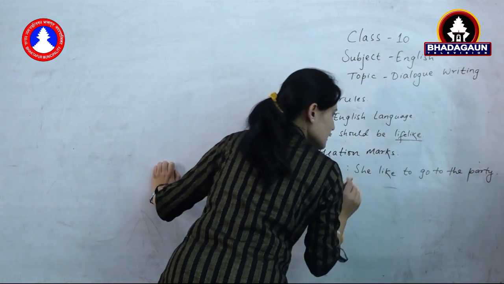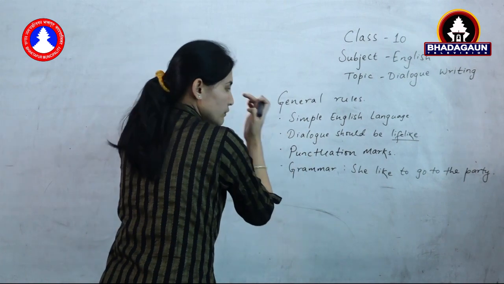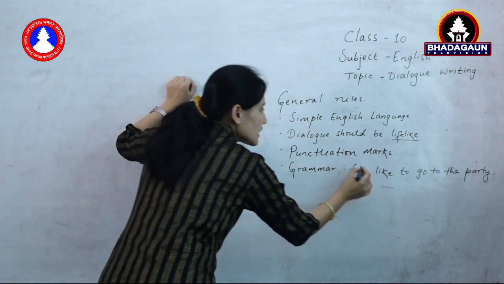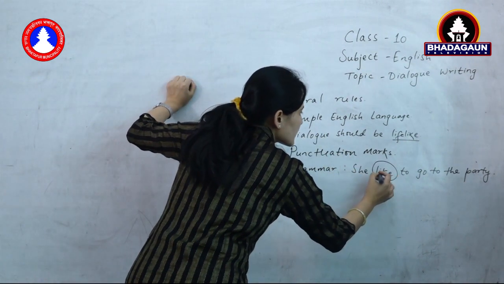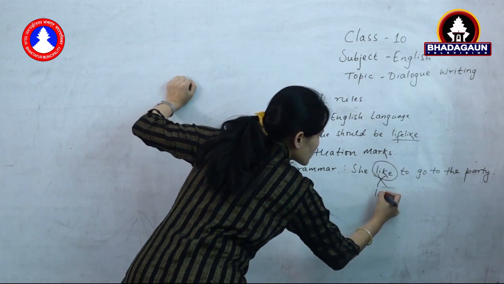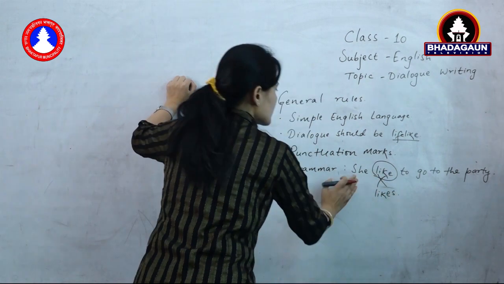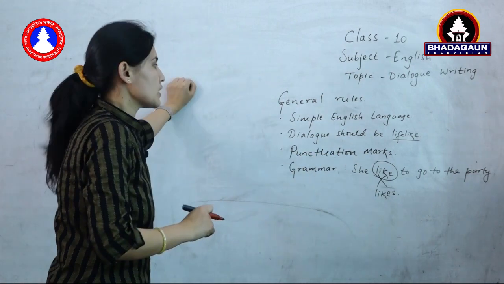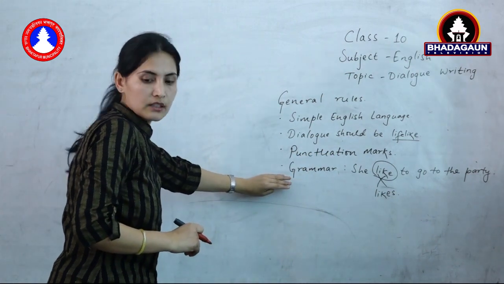When we check the sentence, we find it incorrect because the word "like" is incorrect. So instead of "like," we have to make it "likes." So subject verb agreement is very important to be taken care of whenever we write the dialogue.